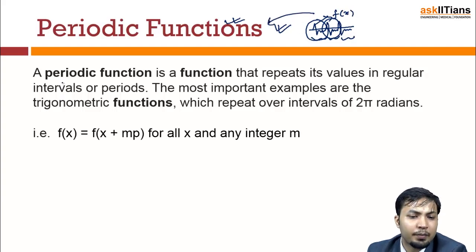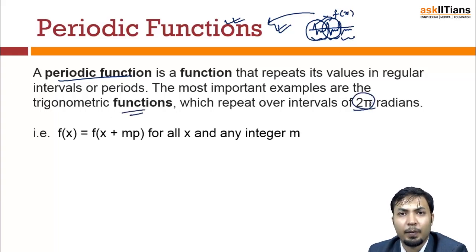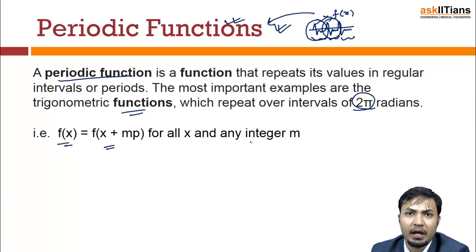Basically, a periodic function is a function that repeats its values in regular intervals or periods. The most important examples are the trigonometric functions, which repeat over intervals of 2 pi radians. That is, for any x, f(x) is equal to f(x plus mp) for all x and any integer m.